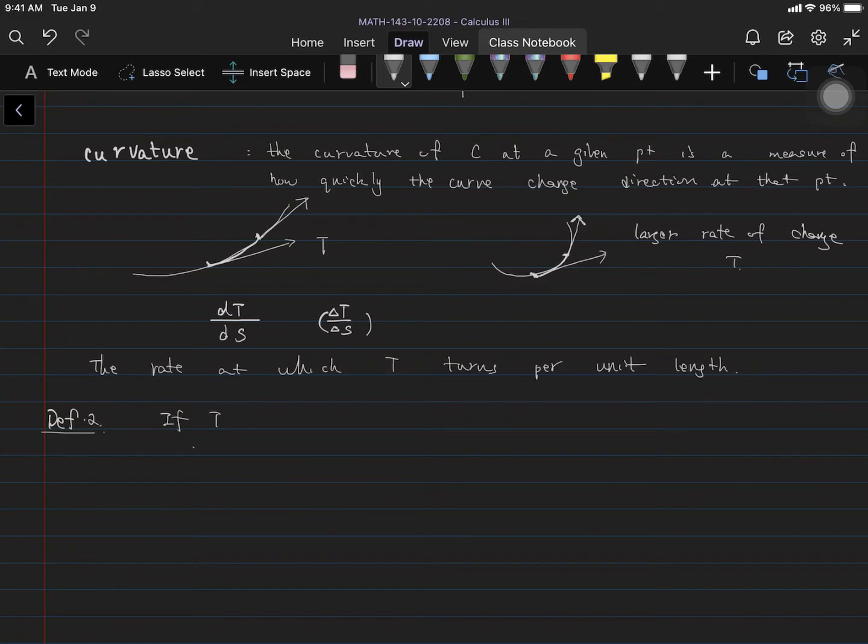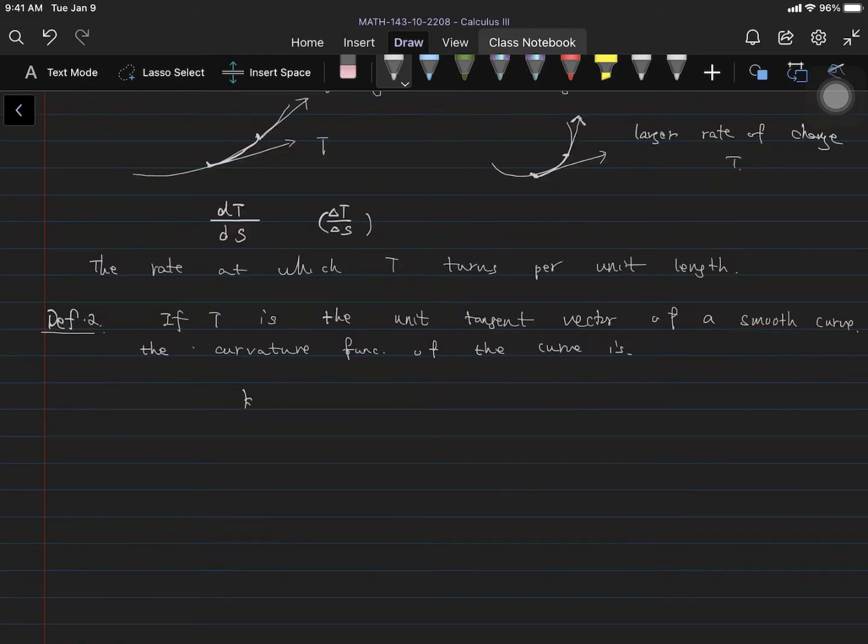If T is the unit tangent vector of a smooth curve, then the curvature of the curve is defined to be K equals the length of dT/ds, the rate of change of T with respect to s, where T is the unit tangent vector.